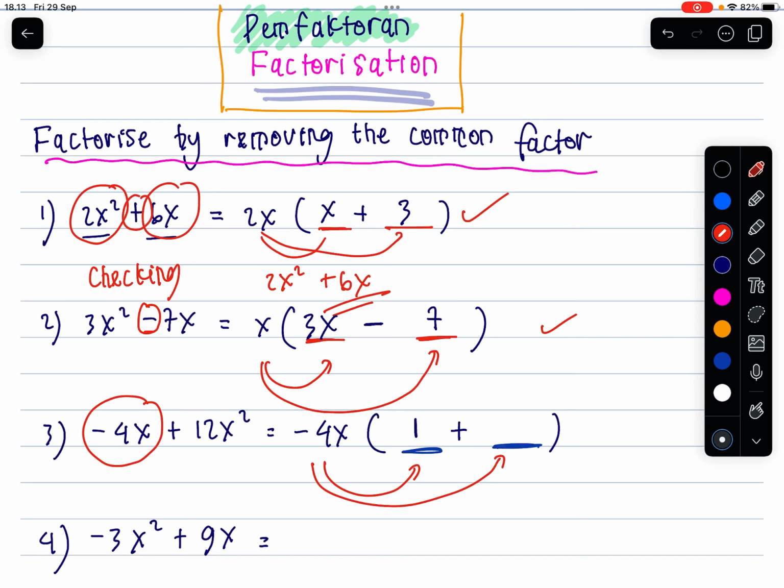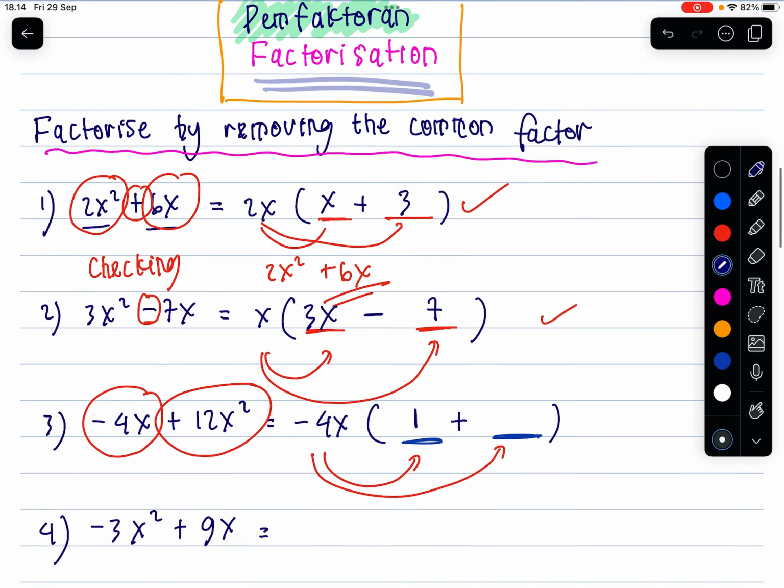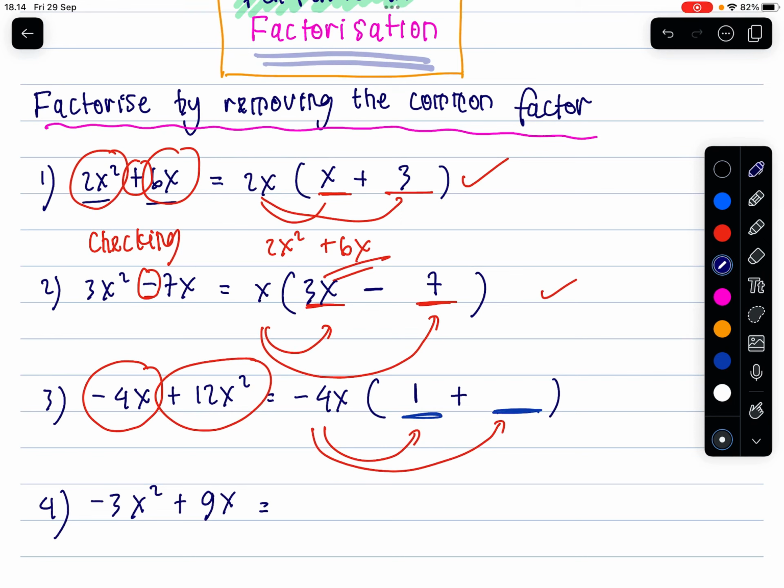The next one we need to check. Negative 4x multiplied by what to become a positive 12x squared? We need to be careful because we need to aim for a positive number. So negative 4x times what equals 12x squared?